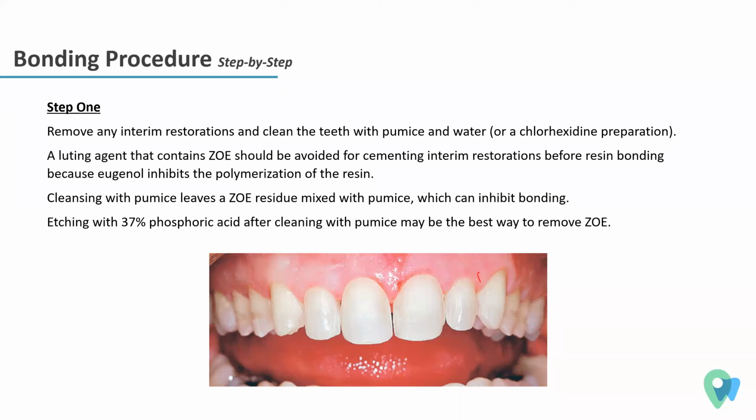Cleansing with pumice leaves zinc oxide eugenol residue mixed with pumice, which can inhibit bonding. Etching with 37% phosphoric acid after cleaning with pumice may be the best way to remove zinc oxide eugenol.